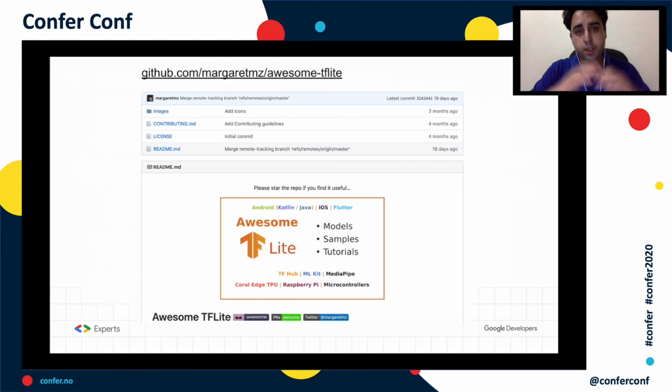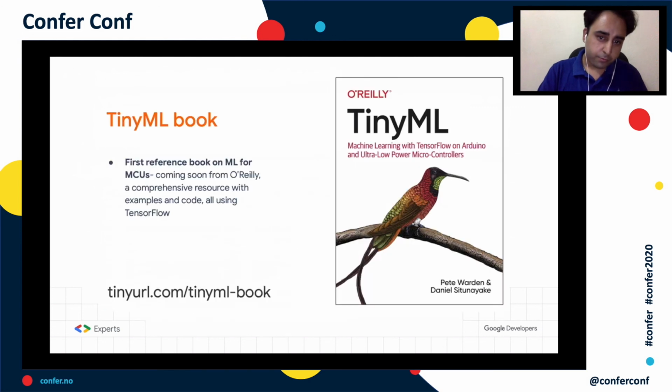There is also one amazing repo on GitHub called awesome TF Lite, where there is sample code, models, and tutorials that you can utilize to build your own application using TensorFlow Lite. And if you want to learn more about running these TensorFlow Lite models on MCUs, you can look for this book called TinyML, where you will learn about putting your TensorFlow Lite model on Arduino devices and Raspberry Pi and so forth.